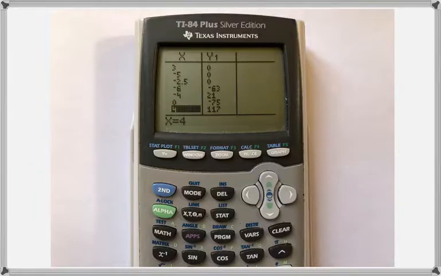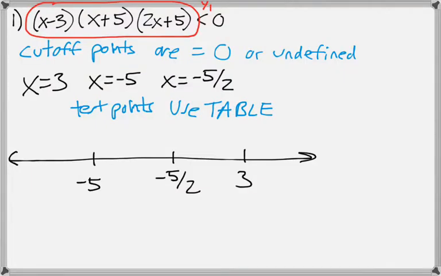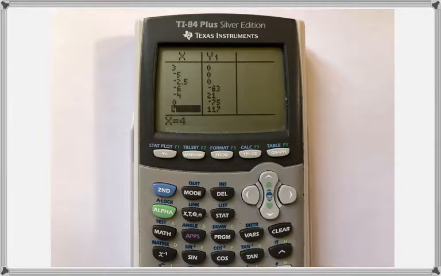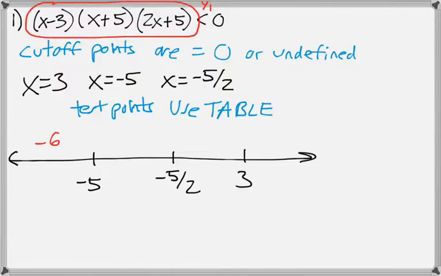Let me talk about where I'm getting those. I basically need to pick points in between these numbers. So I picked negative 6 because it's right here, and then I picked negative 4, and I picked 0, and I picked 4 because they lie in between these points.